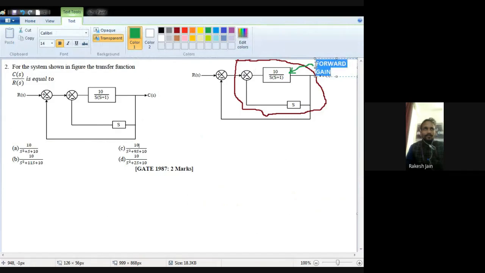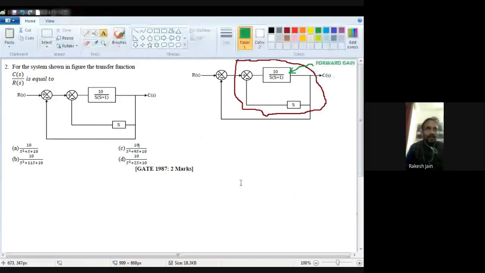And this S will behave as a feedback gain, as I told you. Yes, this S will behave as a feedback gain. So first of all we solve this one.